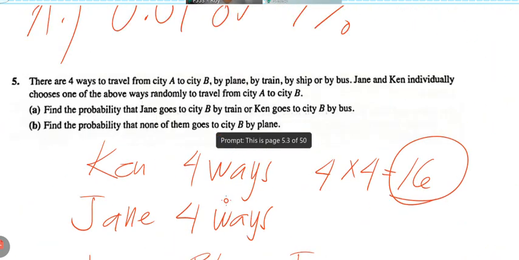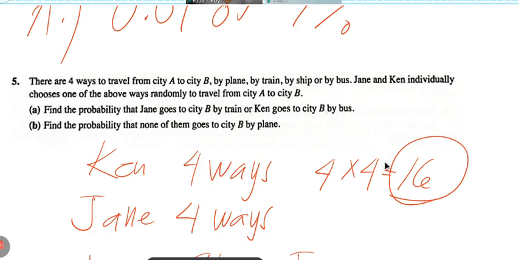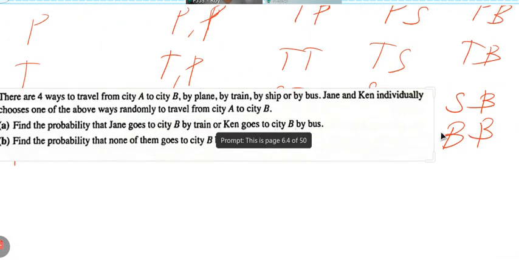Now the first question states to find the probability that Jane goes to city B by train or Ken goes to city B by bus. So train and bus.